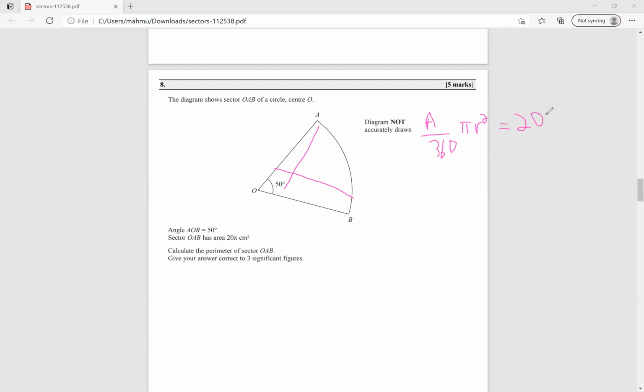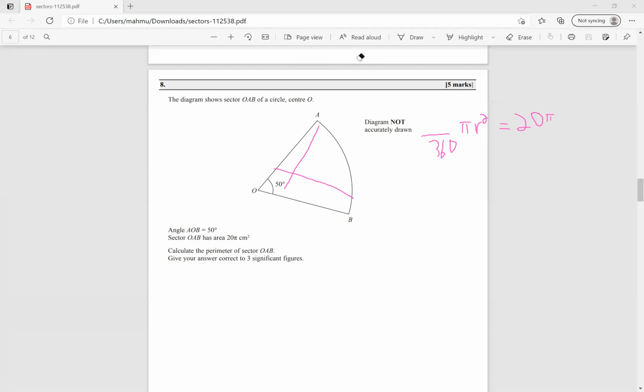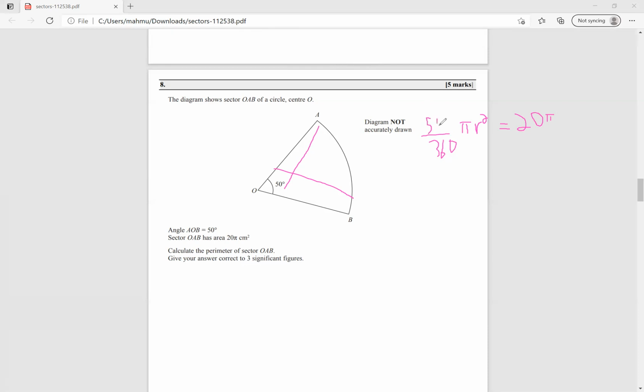Now, what you need to do is rearrange this and find the radius. A is 50 actually, so I'm going to take this out. So A is 50. The angle is 50 here, right? And you rearrange this whole thing and find R. Go on, you try doing it.